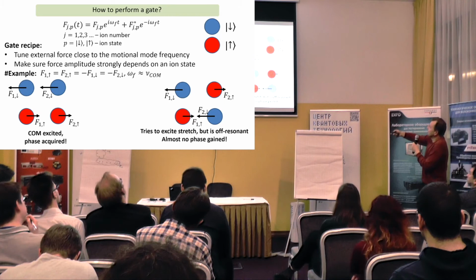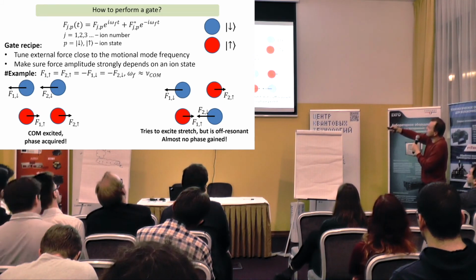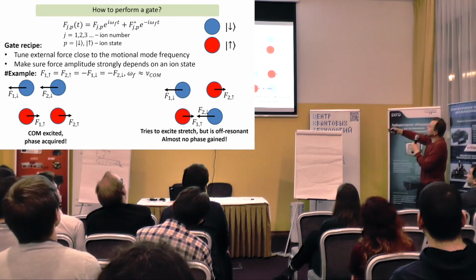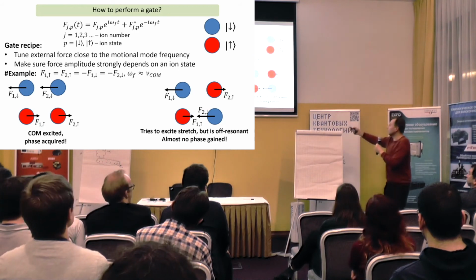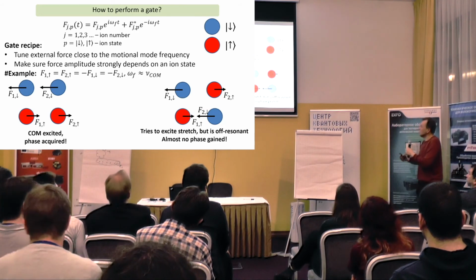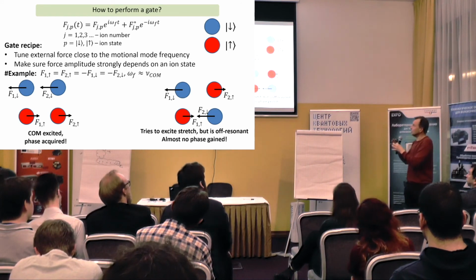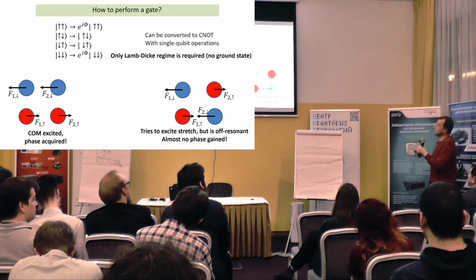The reason is that we can easily excite the common mode with this detuned force, but we generally cannot excite the stretch mode if the ions are in different states. So generally we work with only one mode and gain this phase difference which we need.